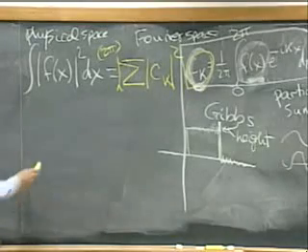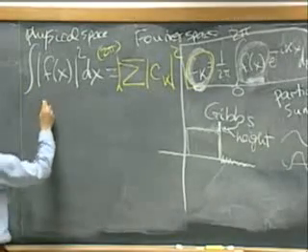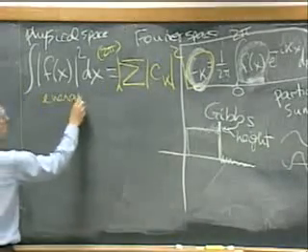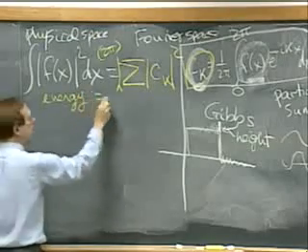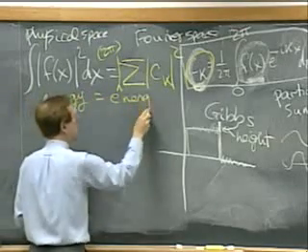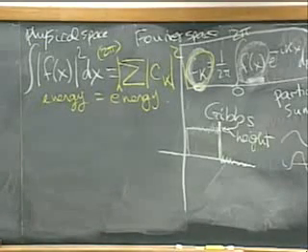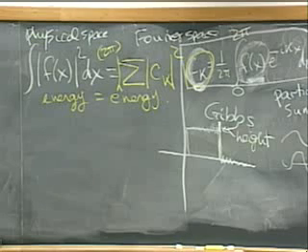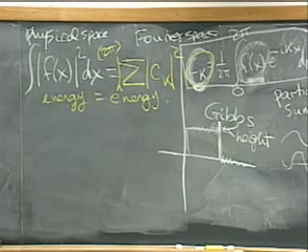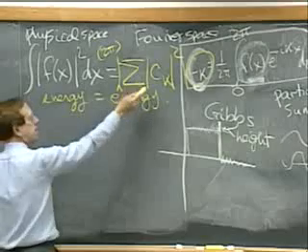But the main point, you see, is that energy equals energy. Could I just ask you how to prove that? Again, a mathematician would worry about the finiteness of these.